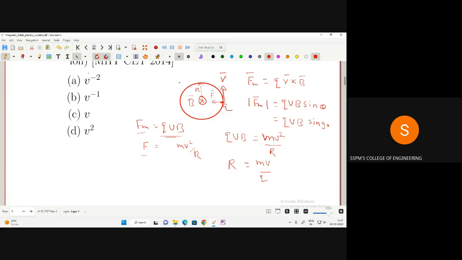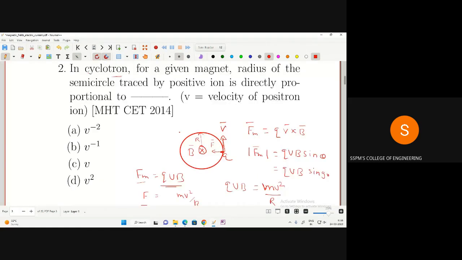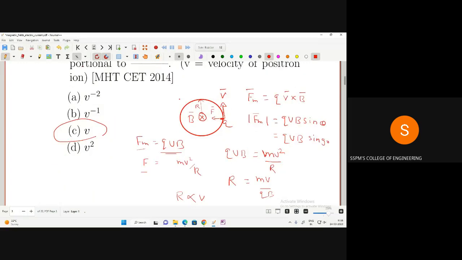Which option is the correct option? The C option is the correct option. So what logic do you have to apply? As the charge q is moving in the circular direction, the magnetic force exerted on the charge q must be equal to the centripetal force, where centripetal force is m v square divided by r, and magnetic force is q into v into B. Equate these two equations and find the relation for the radius of the circle.